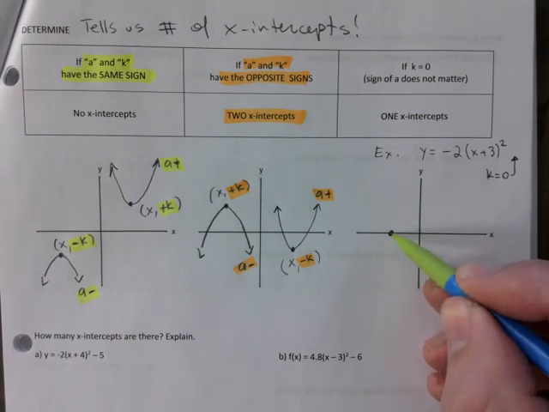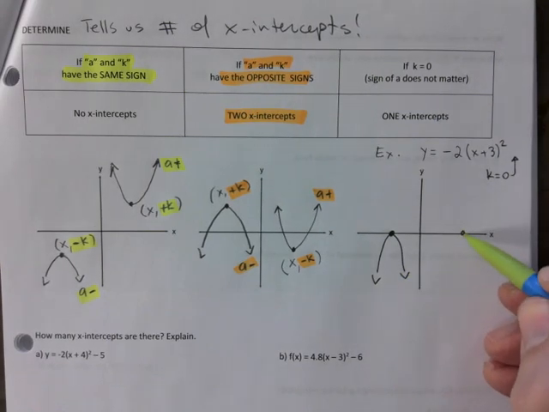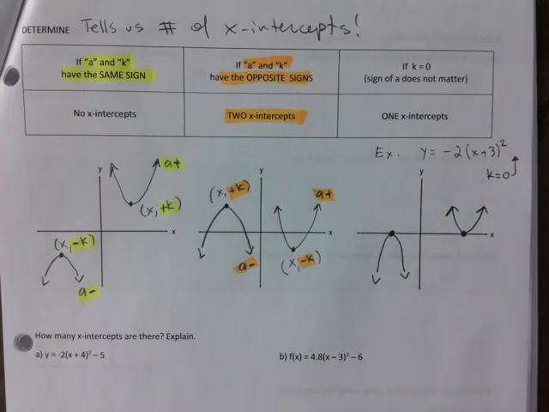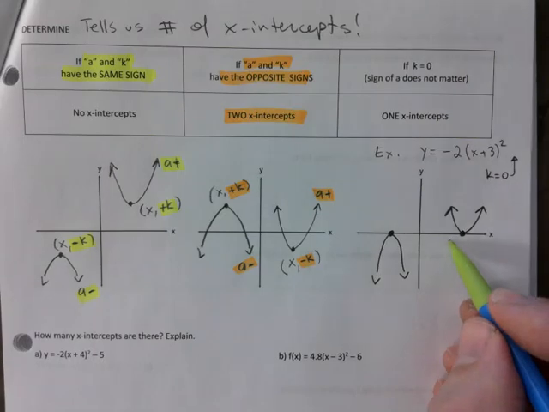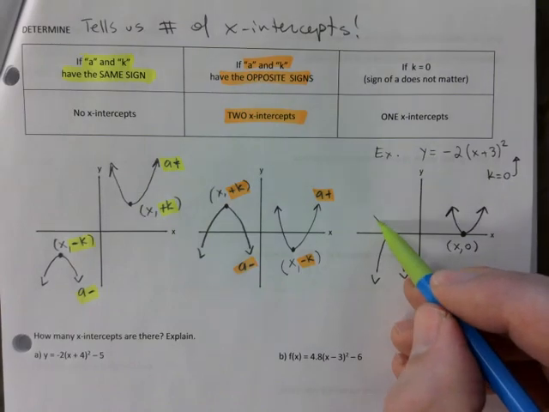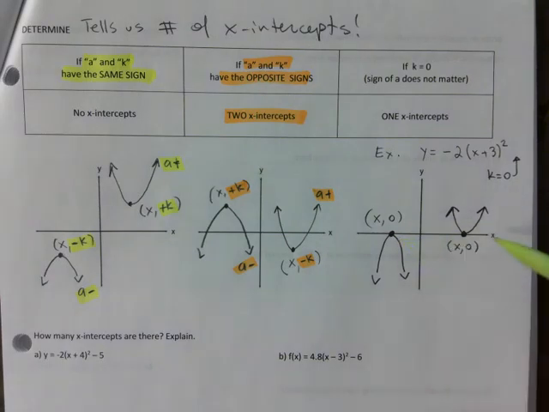So the vertex is going to be on the x-axis. It doesn't matter, you might be somewhere on the x-axis nevertheless. So that's how you know, by looking at this one, you can tell right away how many x-intercepts there are. Okay.